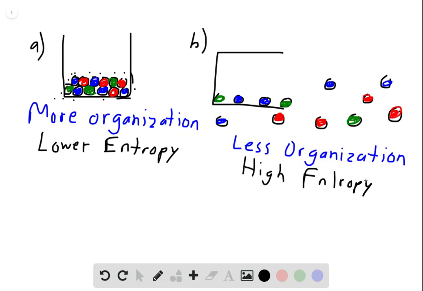Then they ask you to make an assessment of how you can relate this to how particles behave. You know from this chapter, when you learned about entropy and phases of matter, that there's a trend with entropy as you transition from a solid to a liquid and a liquid to a gas.